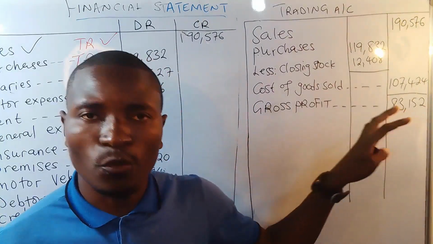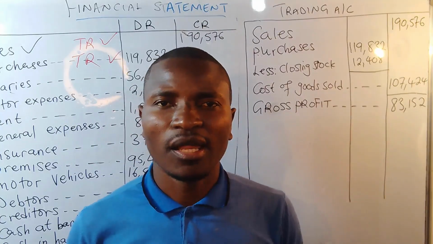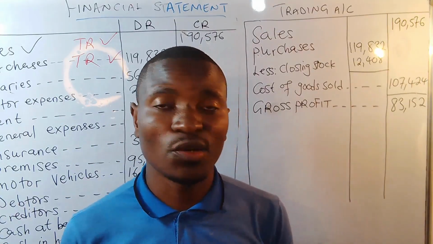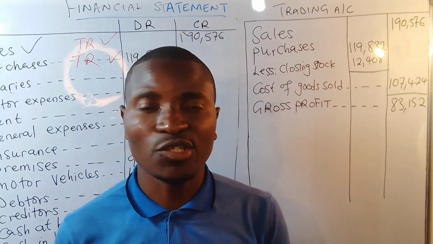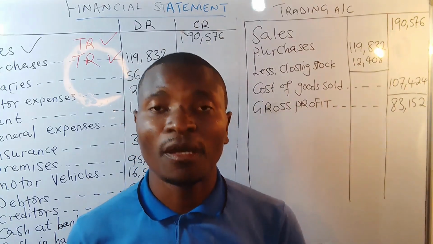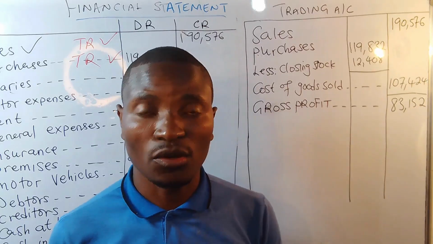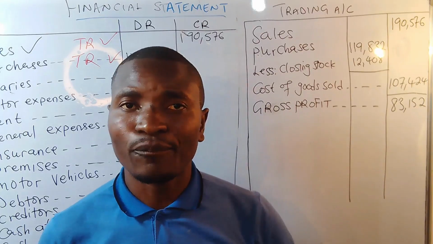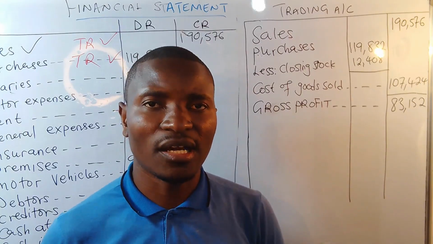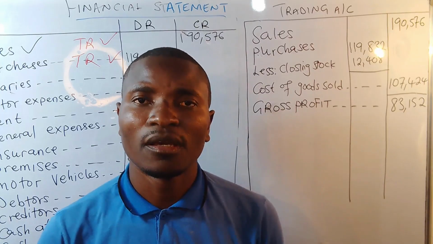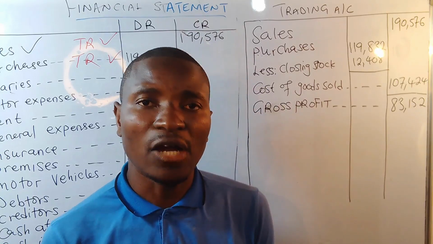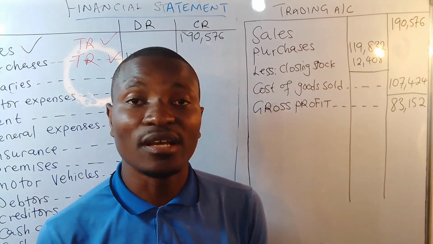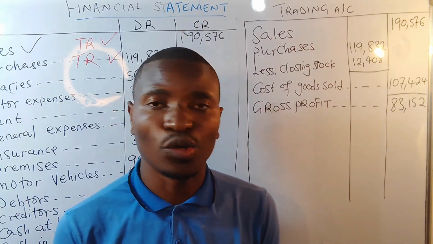Okay, so now once you reach this point, then you are done with what is called the trading account. So the next thing that you can continue with is the profit and loss account. The profit and loss account contains the expenses. So how much expenses do we have in a month or in a year?